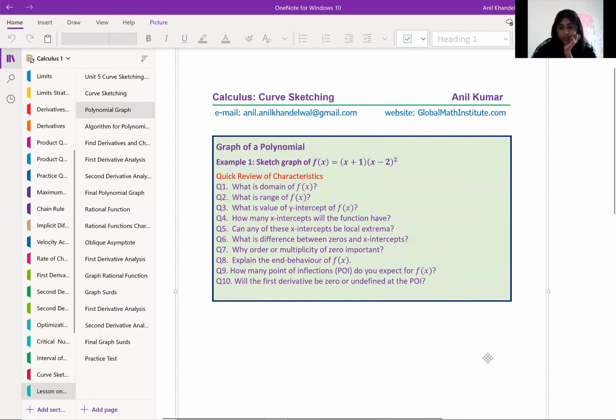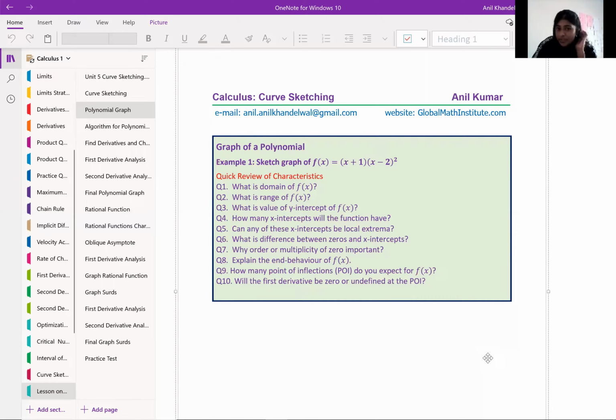So here is example number 1. You need to sketch the graph of f of x equals x plus 1 times x minus 2 whole squared. Now here are a few questions for you to answer before you even begin graphing. You can start answering the questions as I ask you. What is the domain of the function? All real numbers. What is the range of the function?